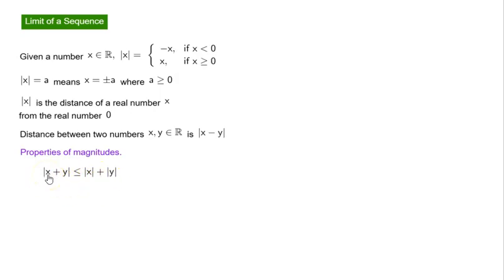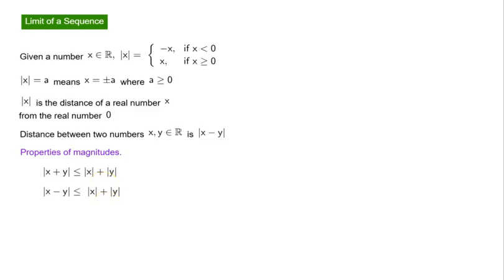But if one or both of them are negative, this will become a smaller value. And once we take the absolute value, it will be a positive value. And here, whether x is negative or positive, absolute value of x will give us x. This will give us y. So this will always be a proper addition.